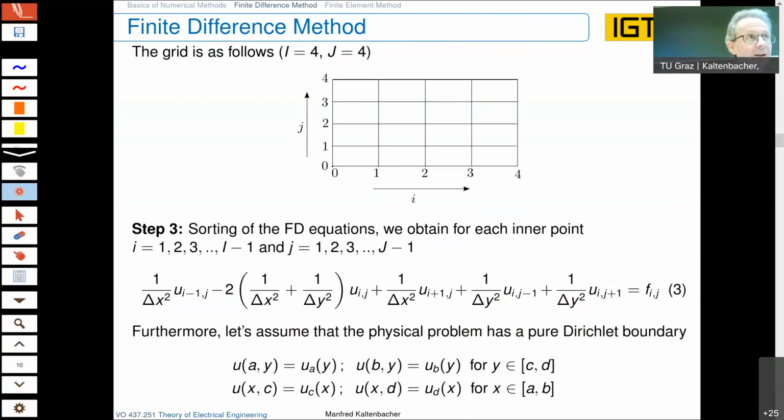In MATLAB, the indices start with 1. Okay, so I started here, as you see, with 0. So j is going from 0 to 4, and the same i is going from 0 to 4. And we assume here, and that is why I put it in red, that all these nodes here are boundary nodes.